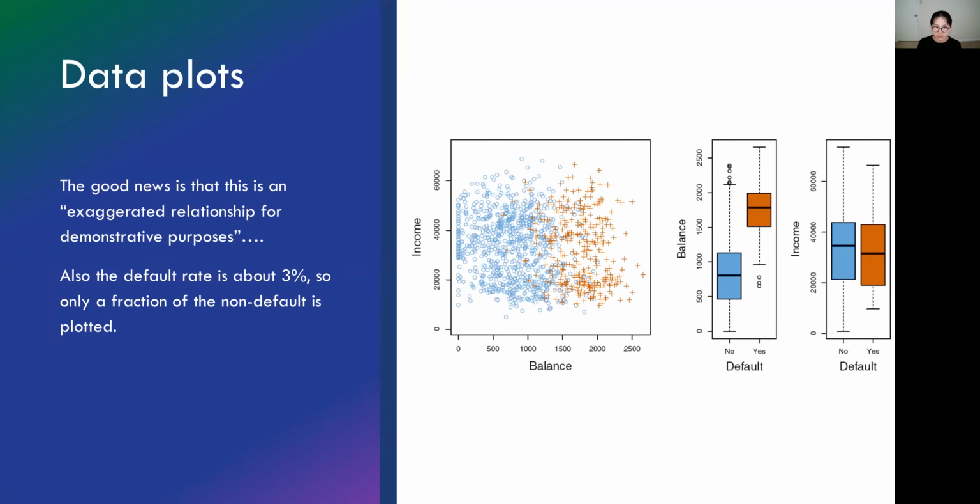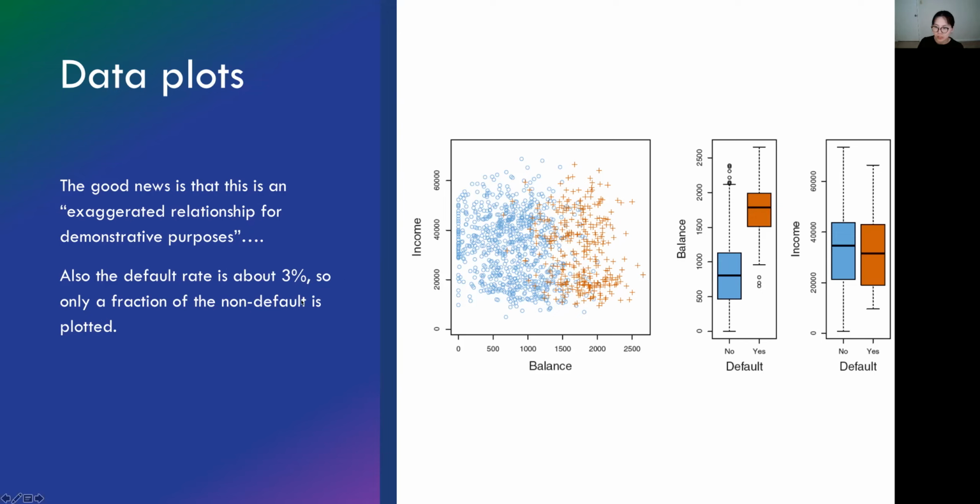The good news is that this data has an exaggerated relationship for demonstrative purposes, so you will see a clear pattern for us to do this logistic regression to make our prediction.